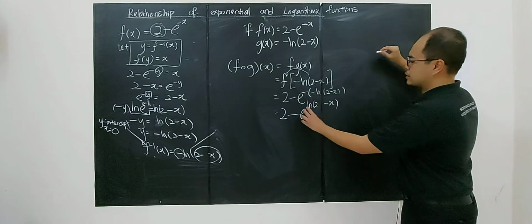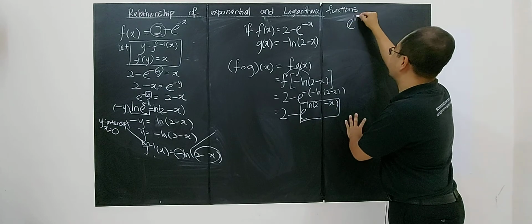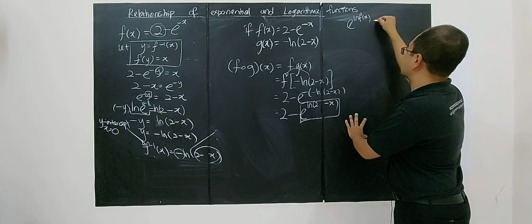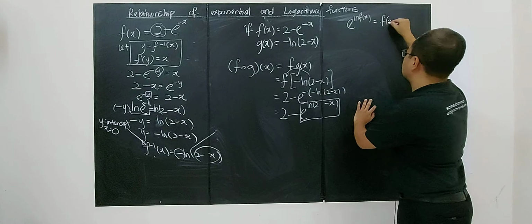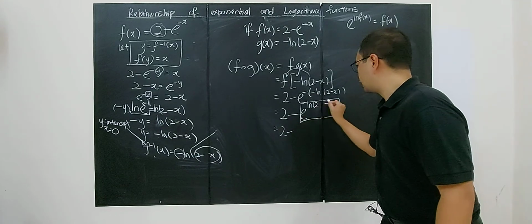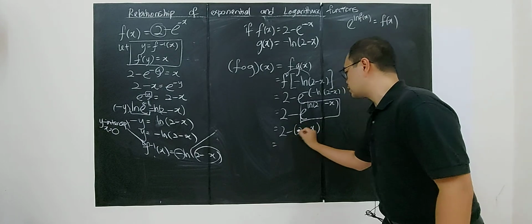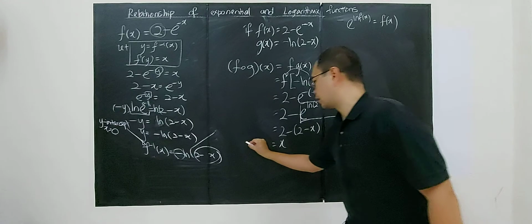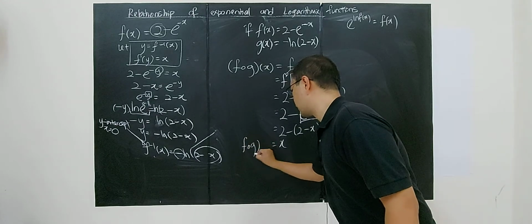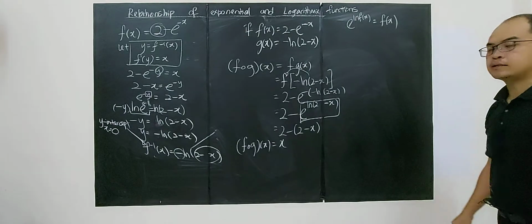If you look at this, you have a formula where e to the ln f(x) gives you back f(x), so you are getting back 2 minus x. Solving this, you get x. This is a very special relationship where the composite of these two functions gives you x.